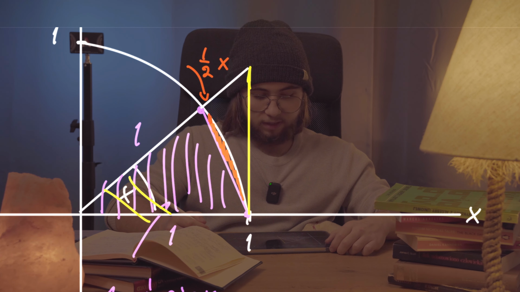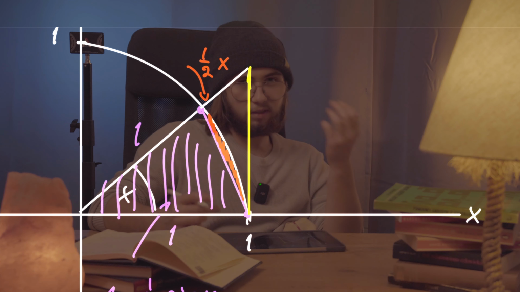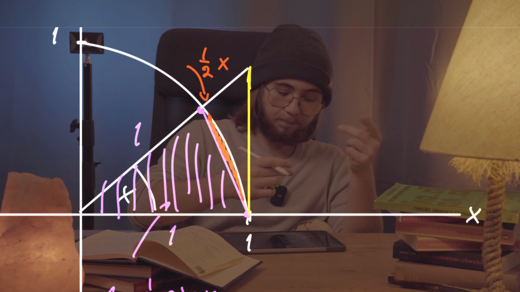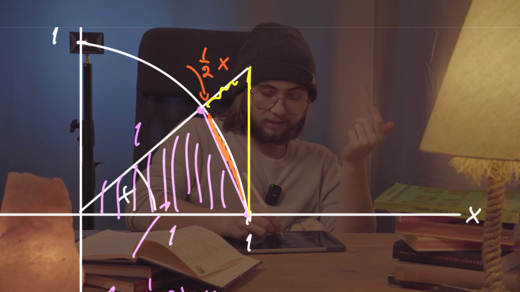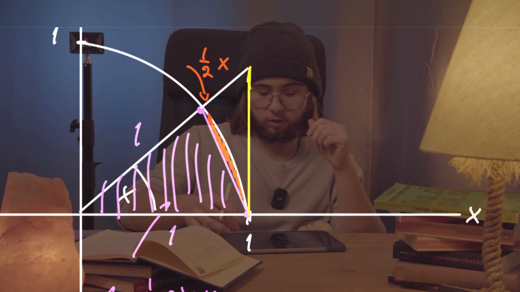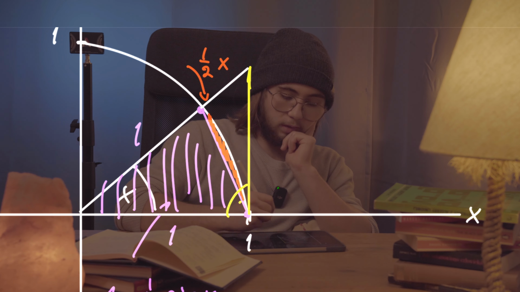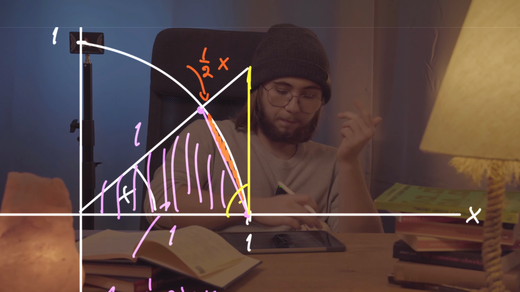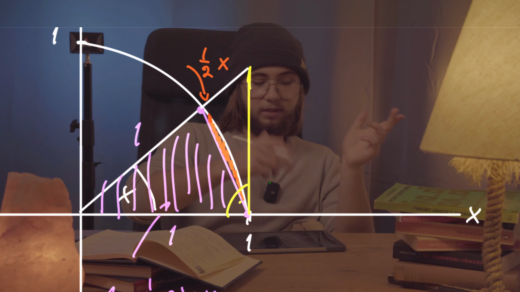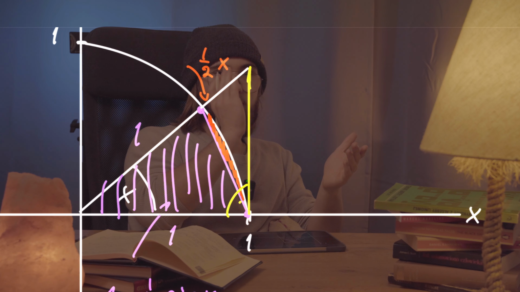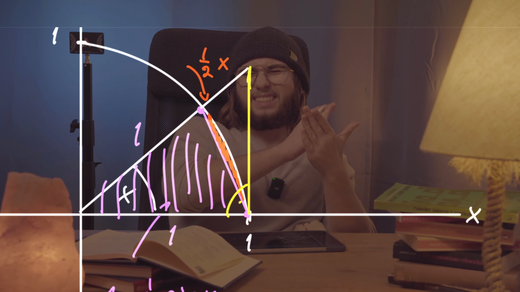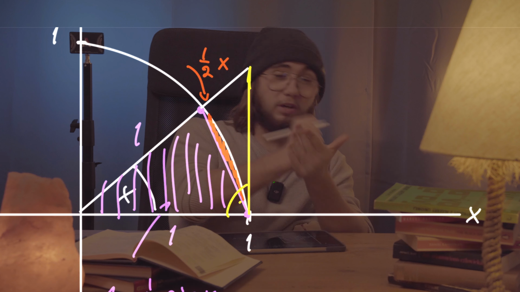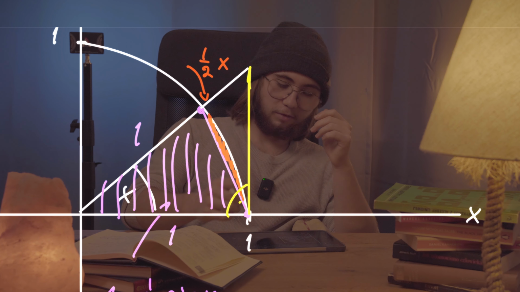So how can I do it? I can't really use the one half side length times side length times sine x formula, because I have no idea what the measure of this line segment is. But I have a right angle here, because this is a radius and this is a tangent line to the circle, and the radius and the tangent line are always at a right angle to each other.